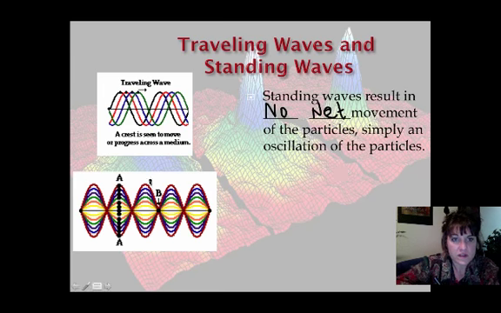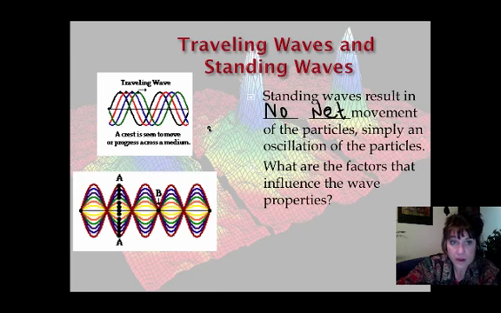So we see this waving up and down, but the particles don't actually go anywhere. They just oscillate back and forth. So an electron is much more like a standing wave than it would be considered to be like a traveling wave.